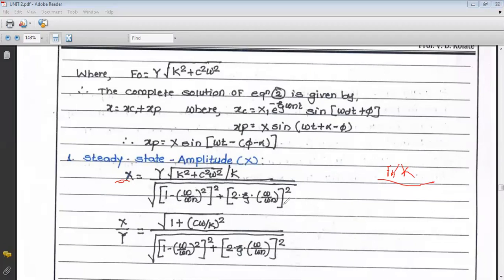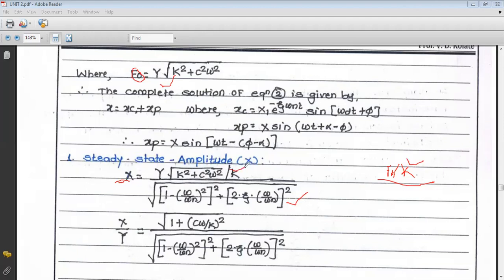So this is your denominator term, it is constant. Now in that condition, the value of f0 is this value, that is y square root of k square plus c square omega square. So we have to put this value of f0. So that becomes y square root of k square plus c square omega square in bracket divided by k, the denominator is same.